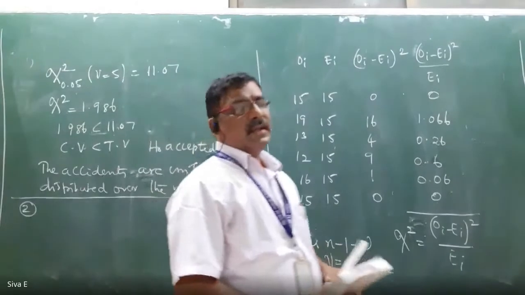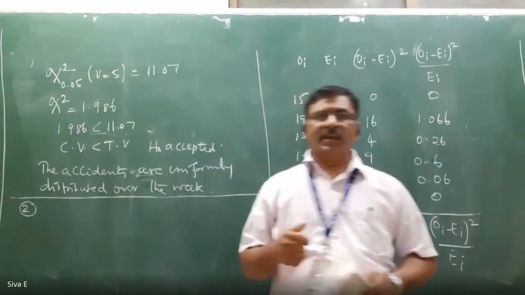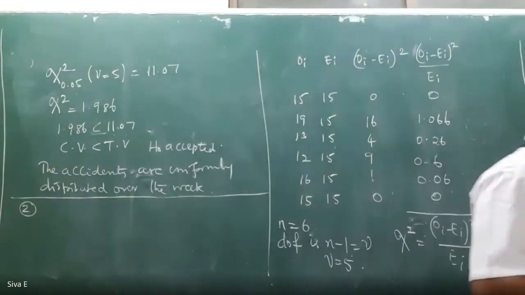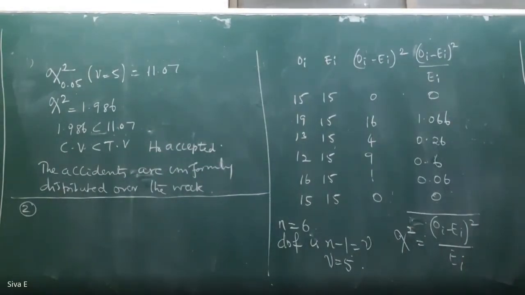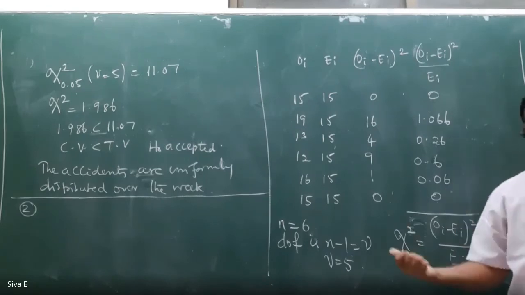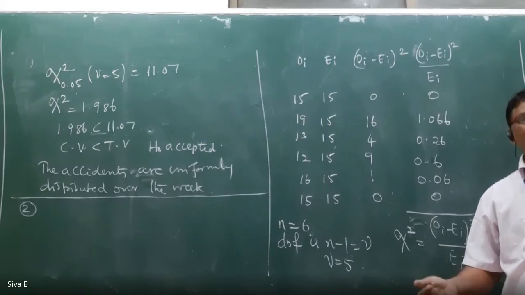In testing of hypothesis, all the problems are alike; the procedure is the same. First you set up the null hypothesis. For the chi square test, you can write the alternative hypothesis also. There is nothing wrong in this, but it is no need. Level of significance is default 5%.